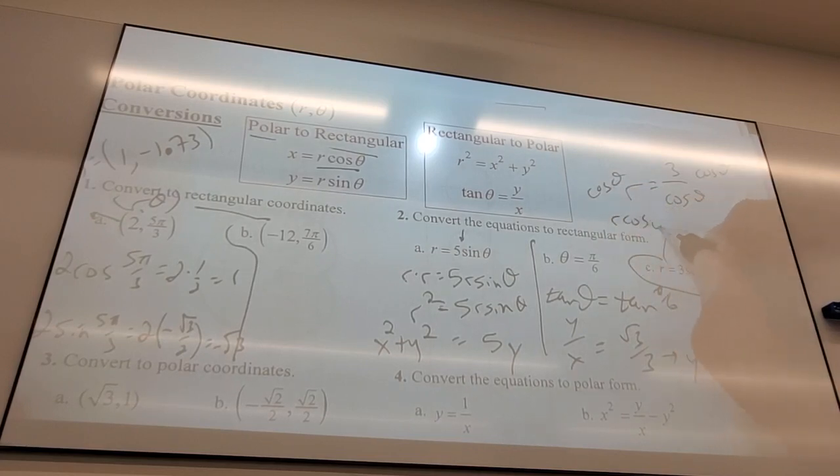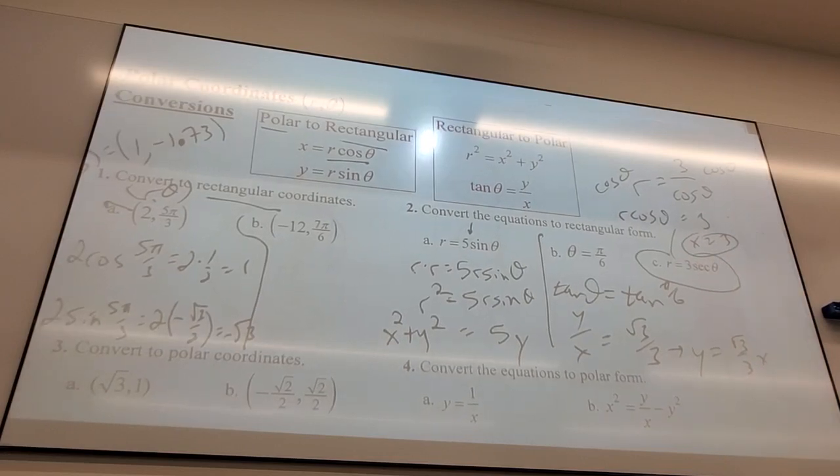So we got r cosine theta equals 3. And what's r cosine theta? X. There's my equation. X equals 3. Okay, that's good.